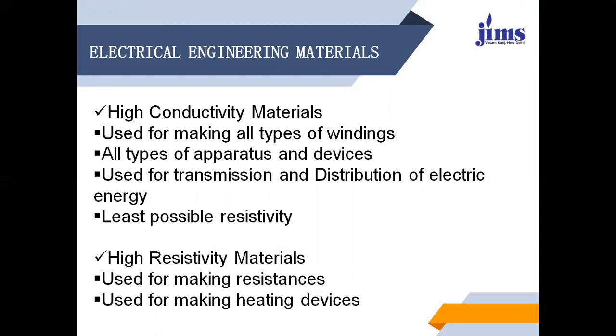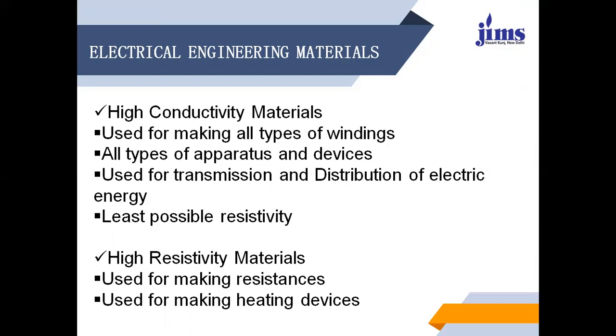If the distance is more than a limit, it comes under transmission, and if it is a lower rating over shorter distances, like 50 or 100 kilometers, it comes under distribution. So for distribution and transmission of electrical energy we use a high conductivity material. It must have the least possible resistivity, meaning it offers low resistance against the flow of current.